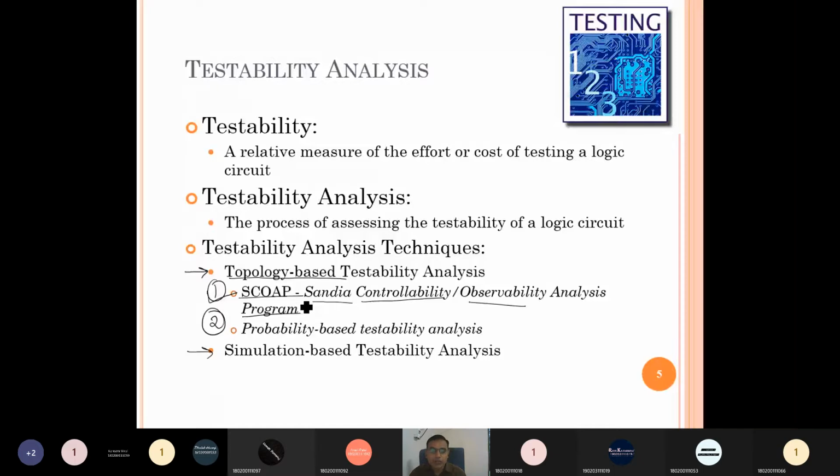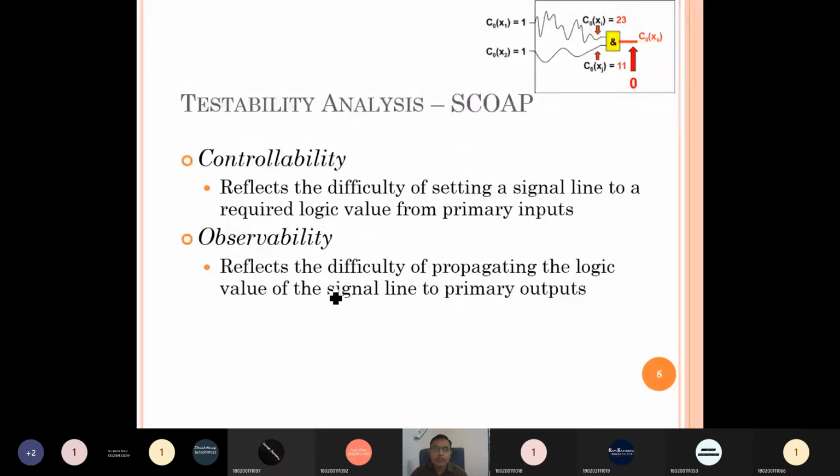Through SCOAP we'll analyze controllability and observability for a given logic circuit. Let me start with the testability analysis of SCOAP, and before that, let me define what controllability and observability are. That is our output in analysis.